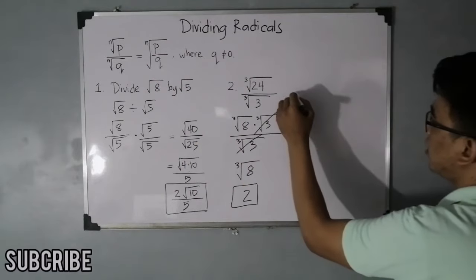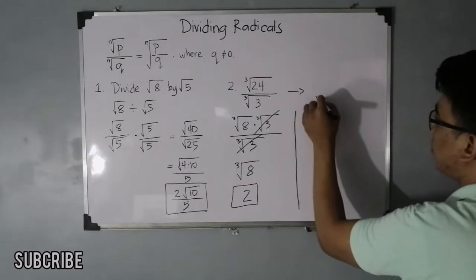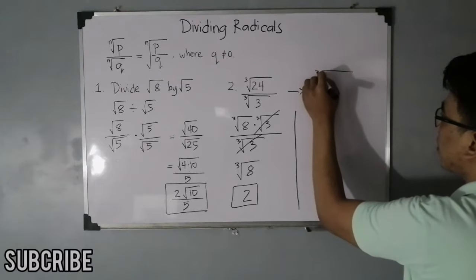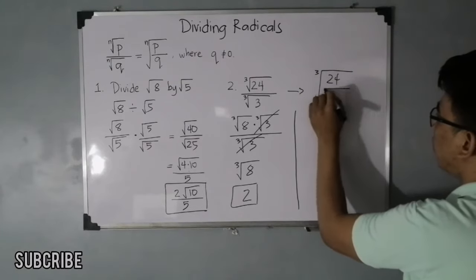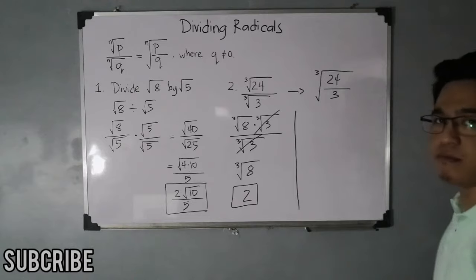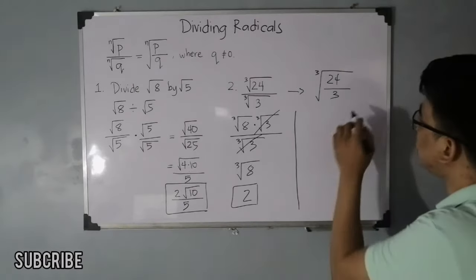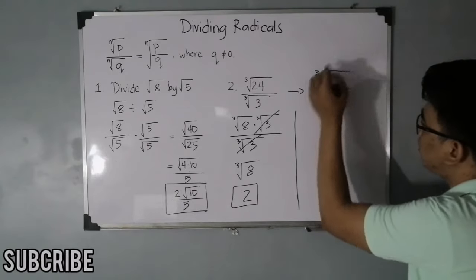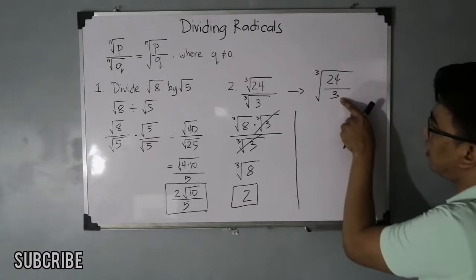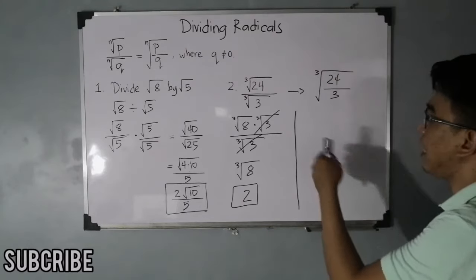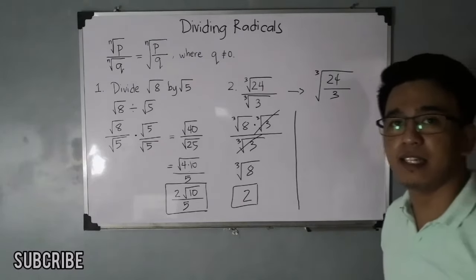So this one can be translated as the cube root of 24 over 3. And then as you can see, you have your fraction, which is 24 over 3, that can be simplified as 8. Again, 24 divided by 3 is 8.